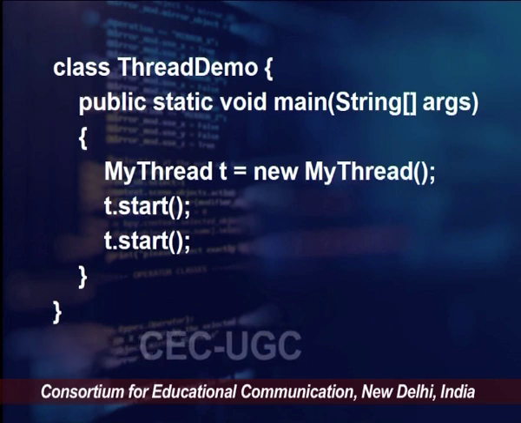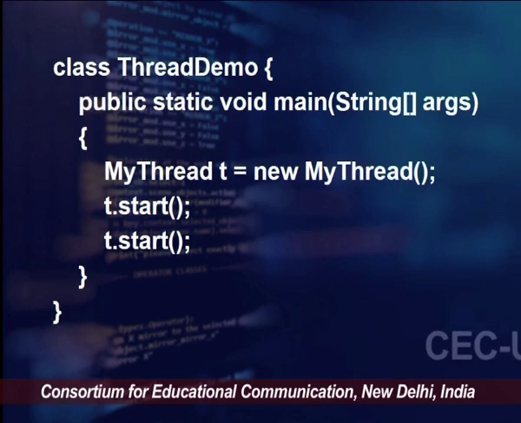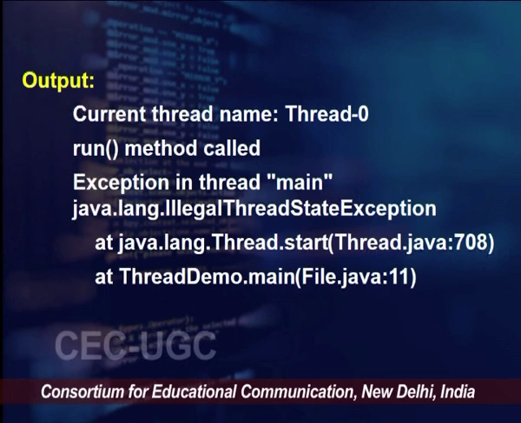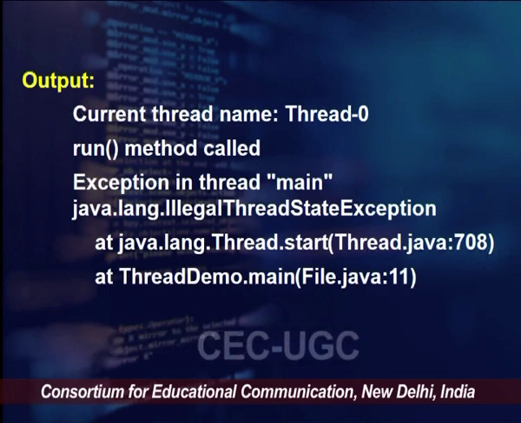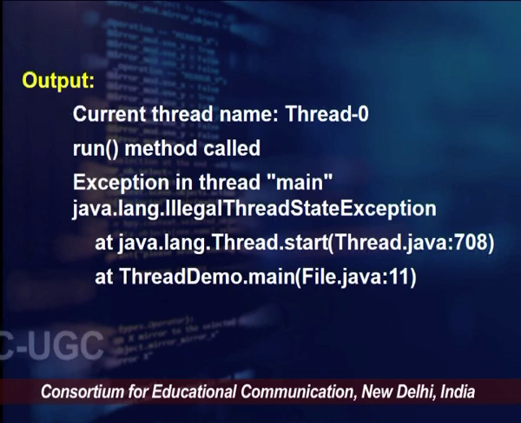Whenever you execute this program, which has multiple occurrences of t.start(), it is going to give you the exception which is shown here. So, please look into the output very carefully. The name of the current thread is displayed as Thread-0.